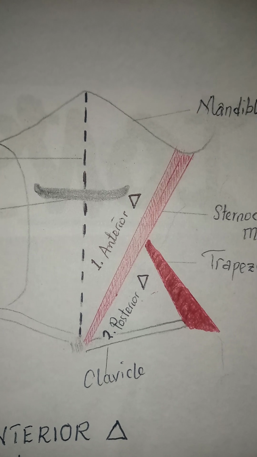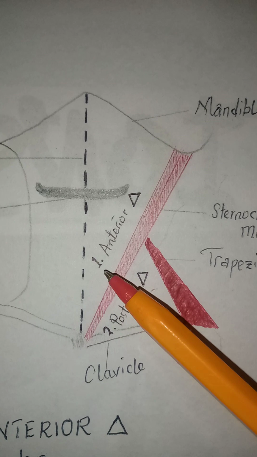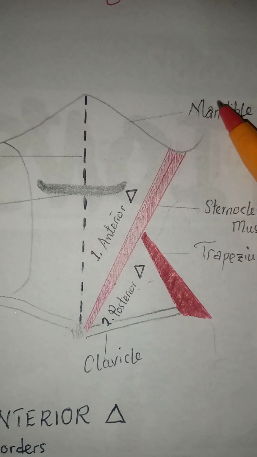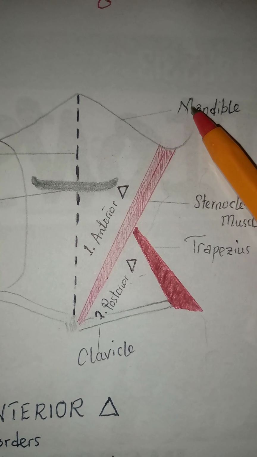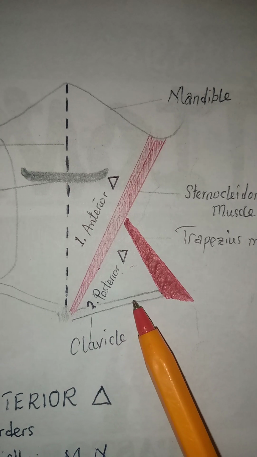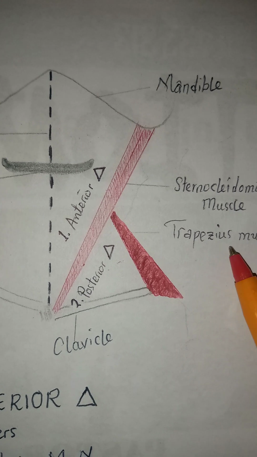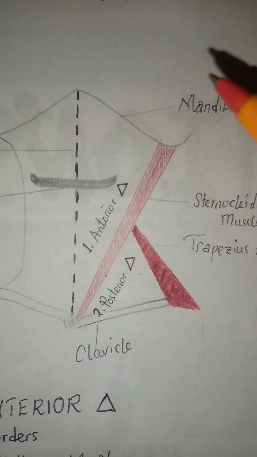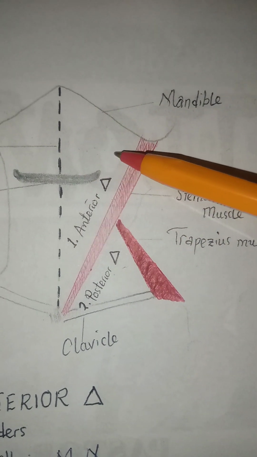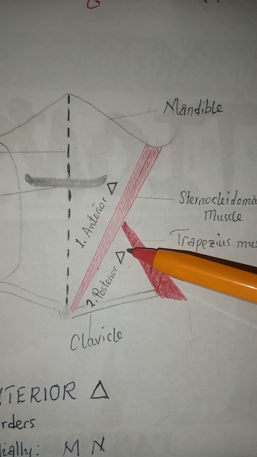It basically cuts the neck into two triangles. Superiorly you can appreciate the base of the mandible, down here is the clavicle, and most laterally you have the trapezius muscle. So this looks like a triangle: this is the anterior triangle, and this is the posterior triangle.